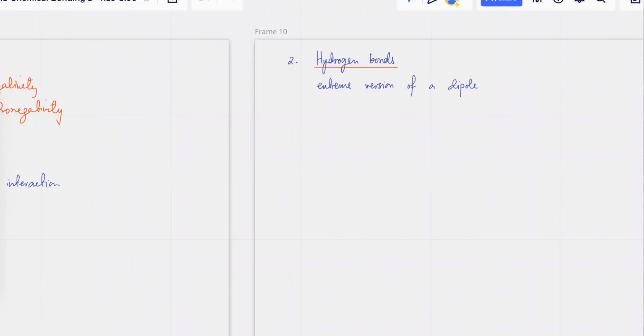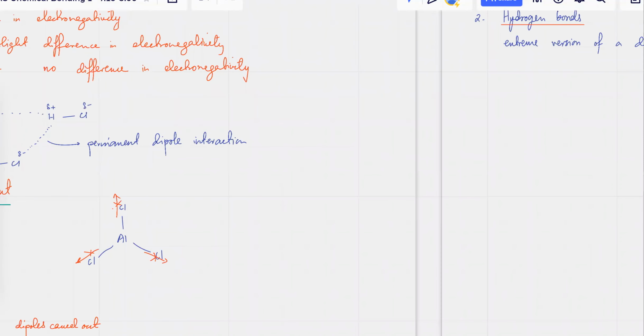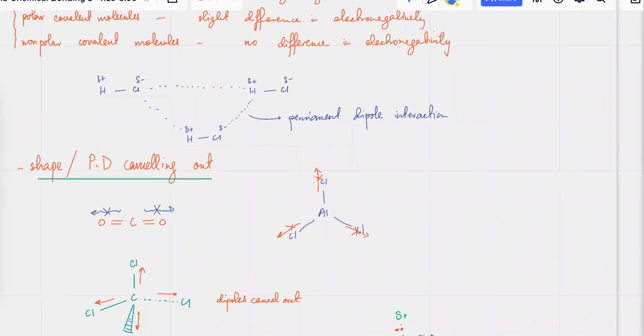And so what happens in hydrogen bonds? It's, in simple words, an extreme version of a dipole. So hydrogen bonds, they occur in those molecules. So it's the same concept as a dipole.